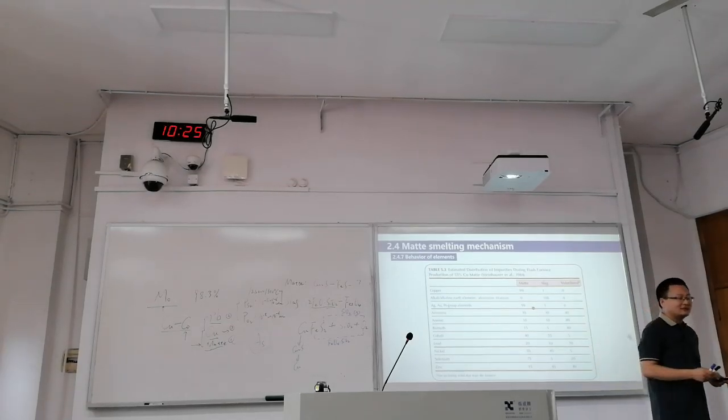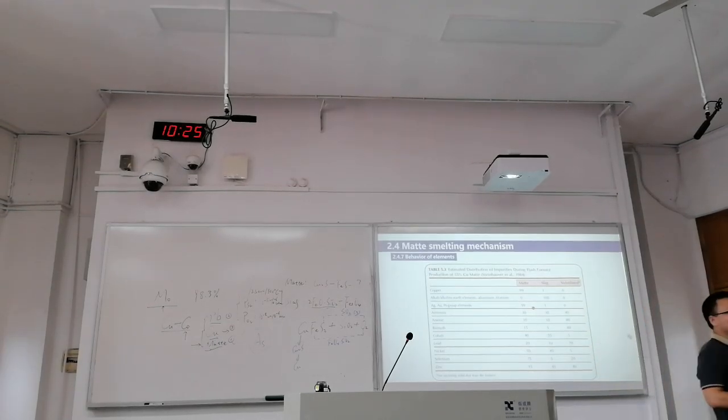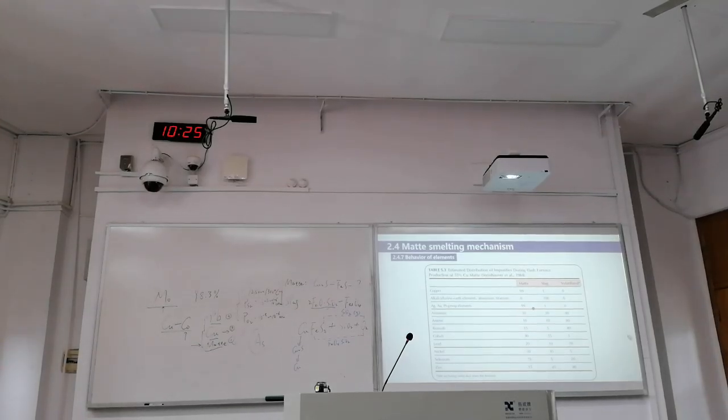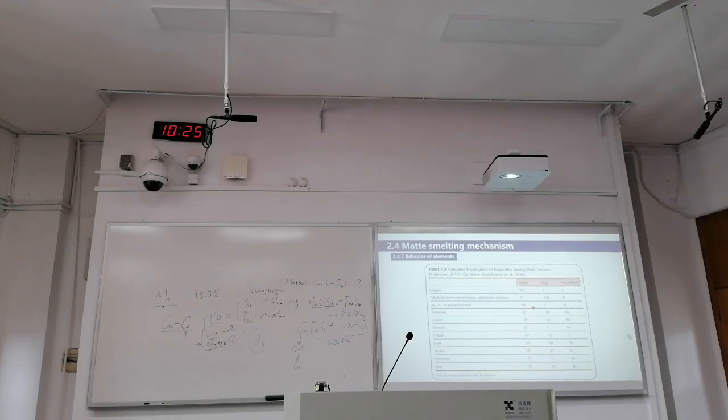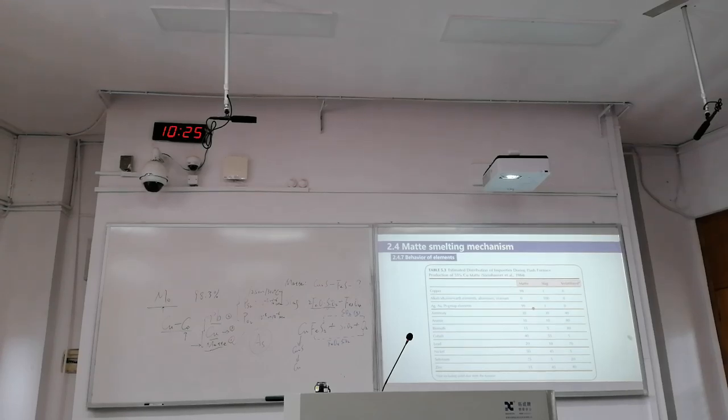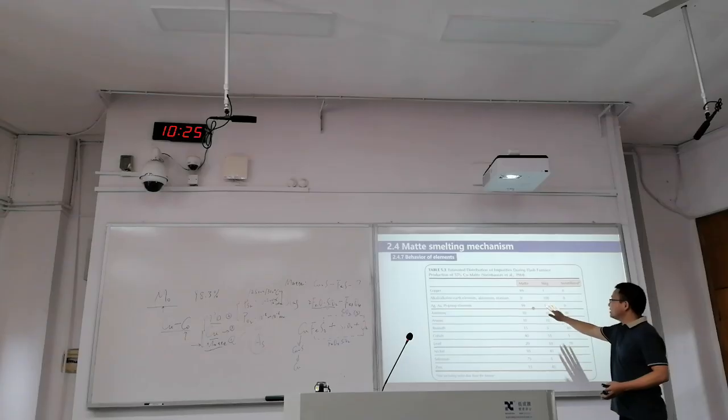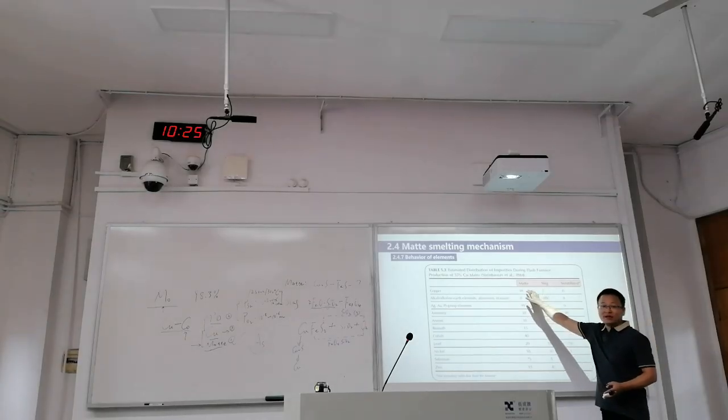Actually, I was telling you that for metallurgists, we are creating some new phases, some new layers. If those elements are distributing evenly in different phases, we are making no progress. What are we seeking? We are seeking such a partial behavior.